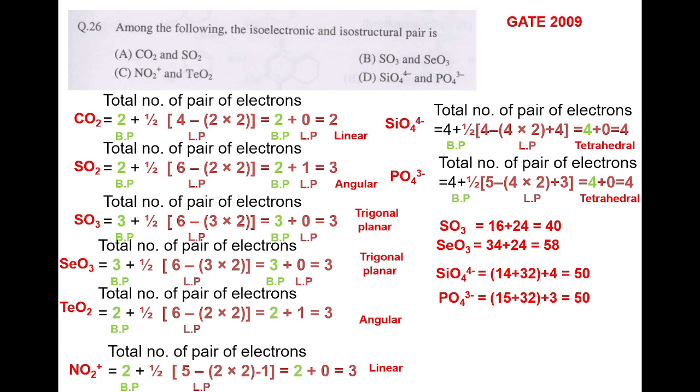For PO4, phosphorus 15 plus 8 into 4 is 32, and we have to add 3 for the 3 minus charge, so we'll get 50. So SiO4 4 minus and PO4 3 minus are both isoelectronic and isostructural. So the correct answer is D.